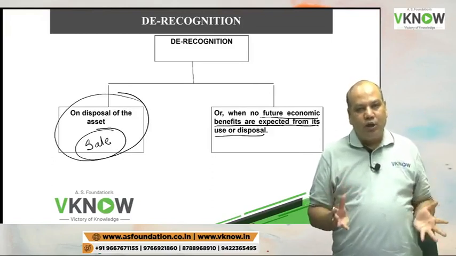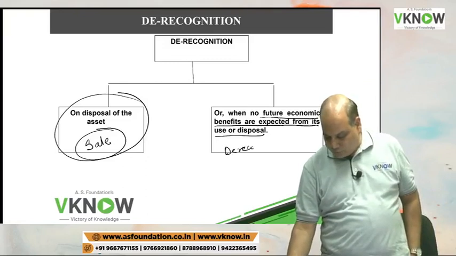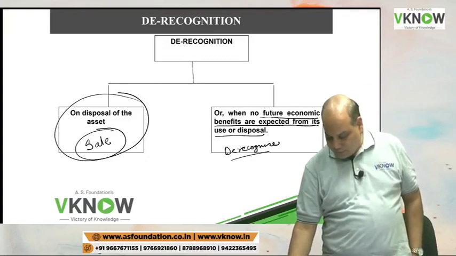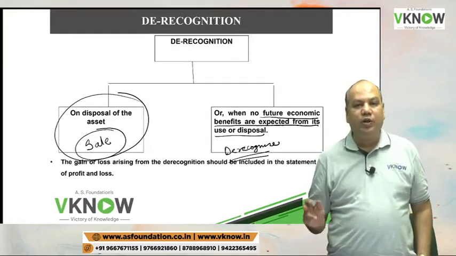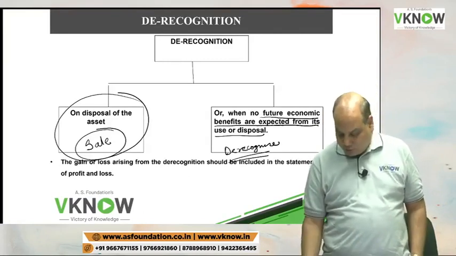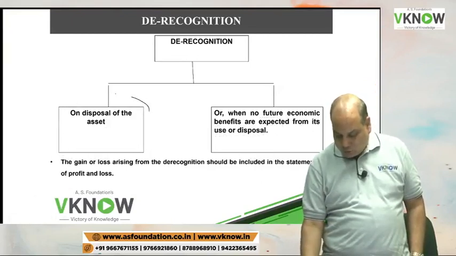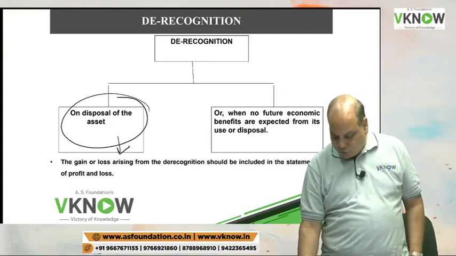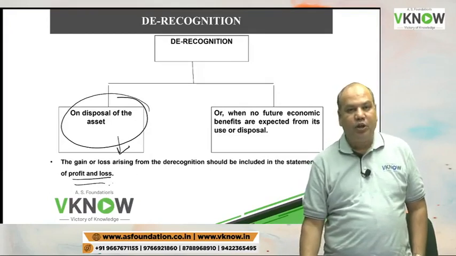Since you are not going to get anything out of it, you will derecognize. So when there is no future economic benefit left in the asset, derecognize. Any gain or loss on disposal will be recognized in P&L account.